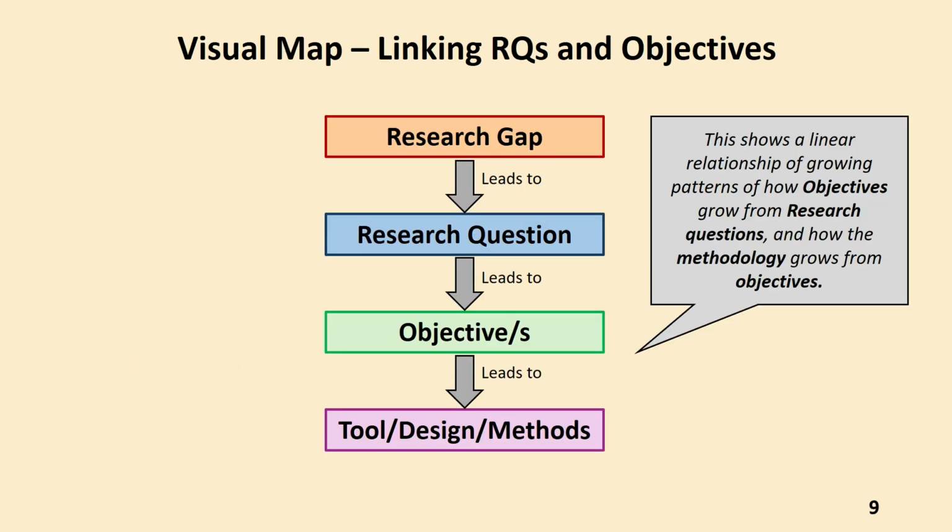It's a very important visual map you can see here on the screen, and it reflects how research questions, objectives, and other components of a research proposal are aligned together. The map shows a linear relationship of growing patterns: how objectives grow from research question, how the methodology grows from objectives.